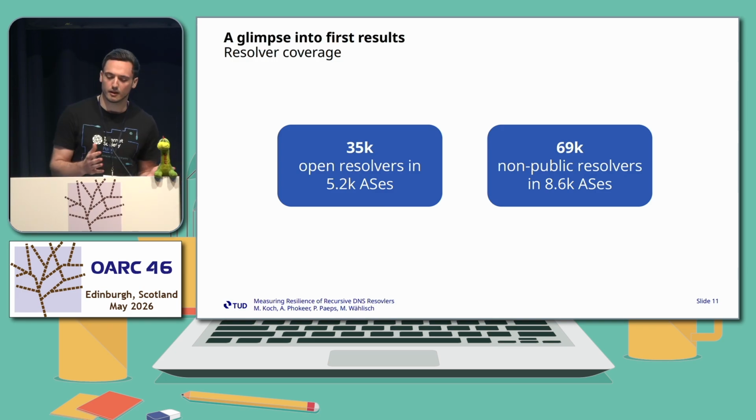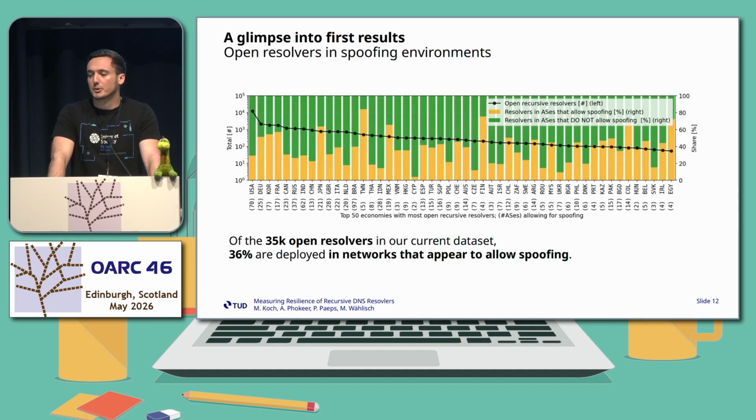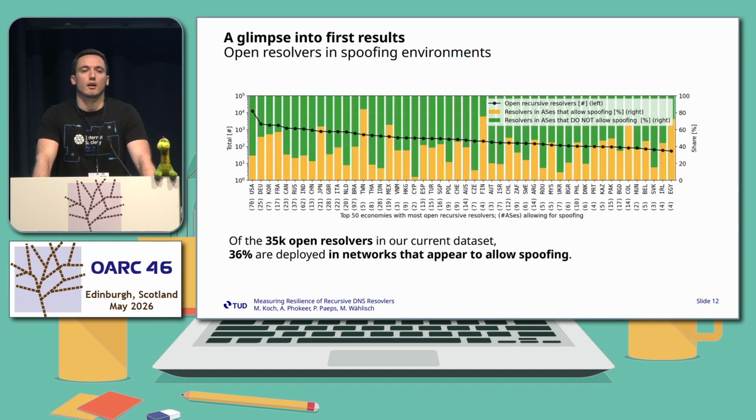So what can we do with that? The first idea was, okay, we can just check and correlate with the Spoofer API and the other measurement API whether these open recursive resolvers are deployed in networks that seem to allow spoofing or not. So what you can see here is basically just the top 50 economies ranked by their total number of open recursive resolvers.